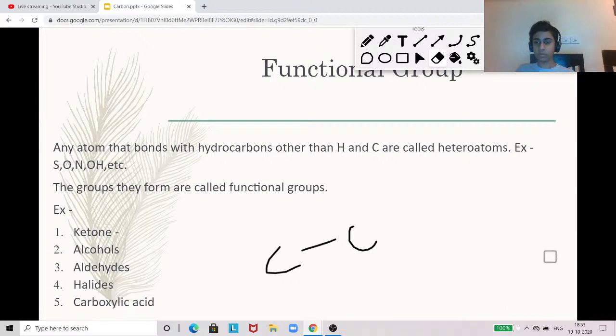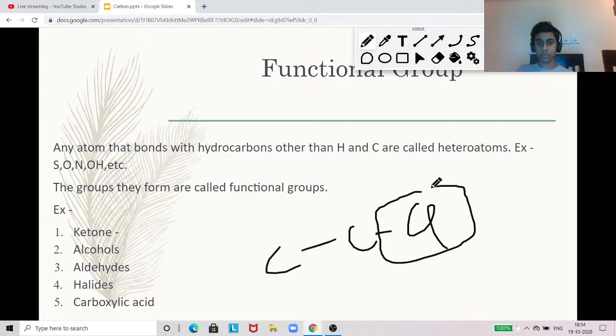So it removes hydrogen and now it becomes chlorine. This is known as a substitution reaction in organic chemistry, and this is the halide group. They are always substituents. They are never considered as a direct functional group.